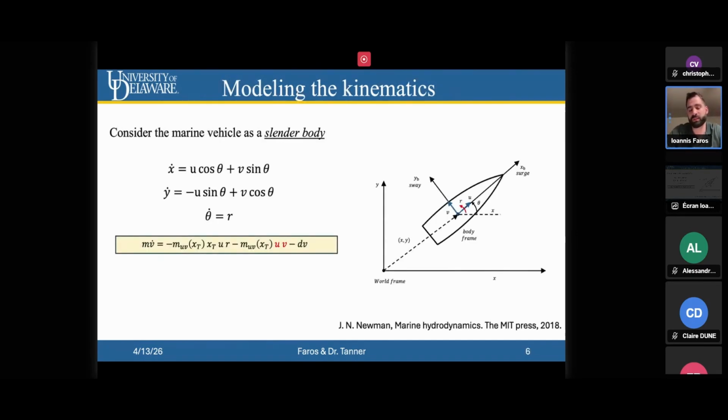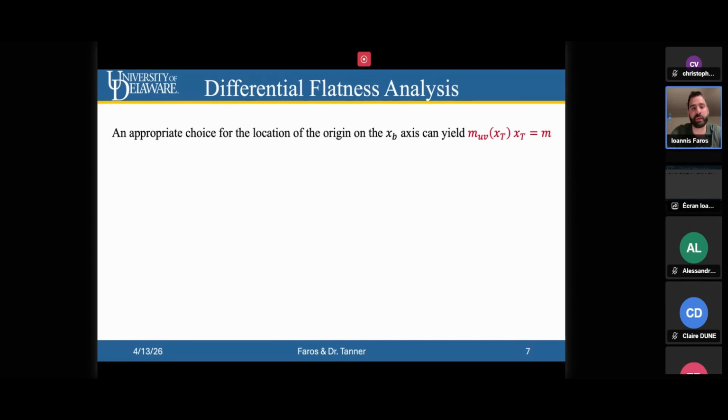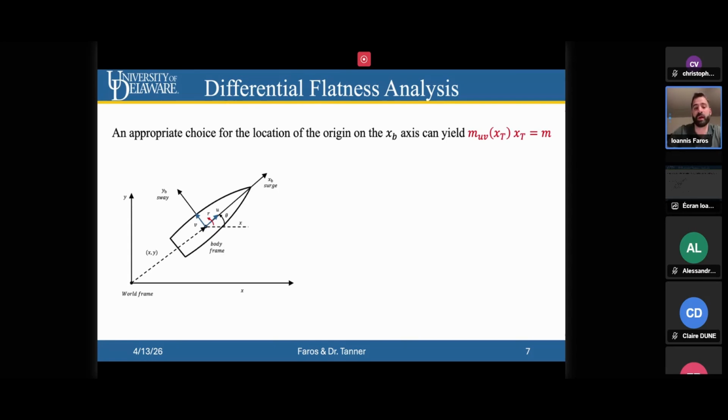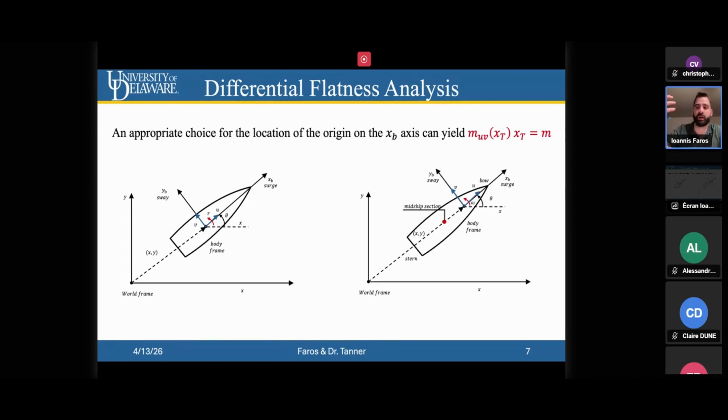What we have with this constraint on the sway is that now we can choose the location of the origin of the frame, and we can match the added mass coefficient with the mass.